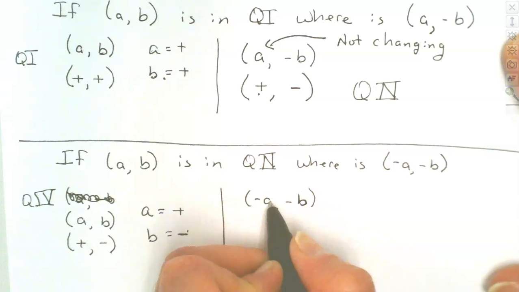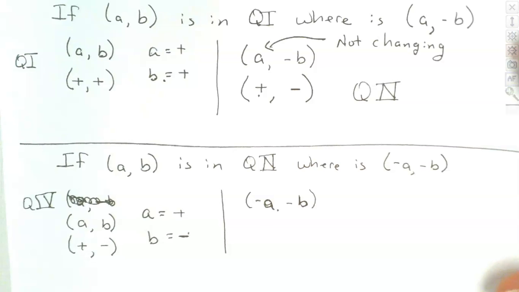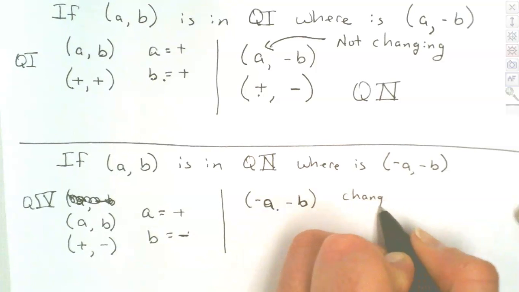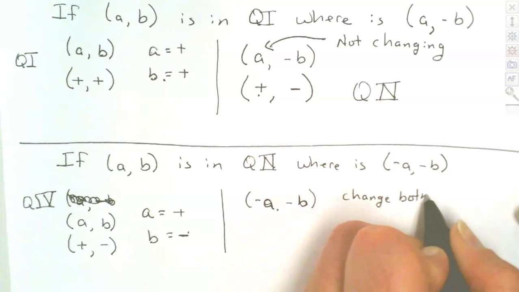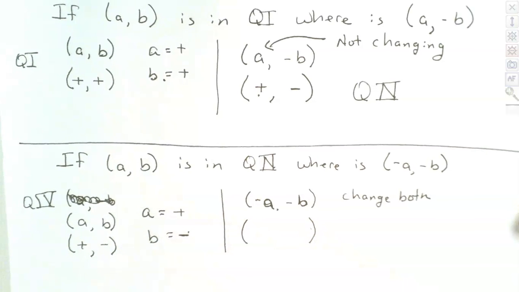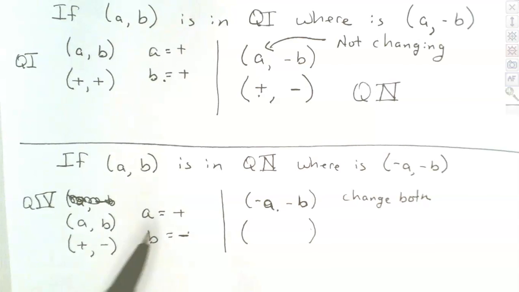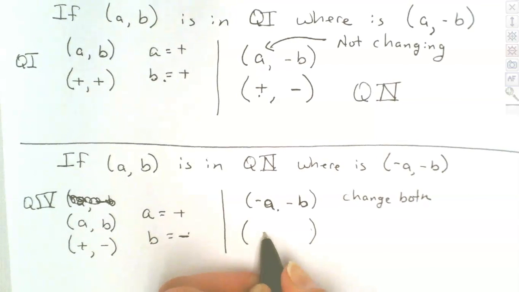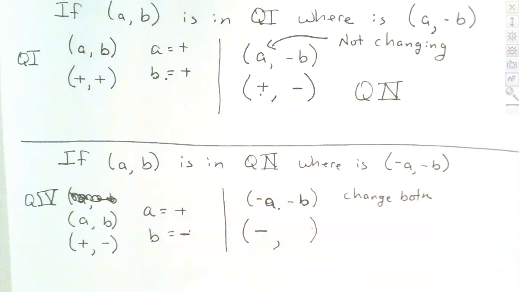So what's happening to both of these? Well, they're both going to be changing, aren't they? So I've got to change both. So when I change both of them, well, A is positive, and if I change that positive, it's going to become a negative.